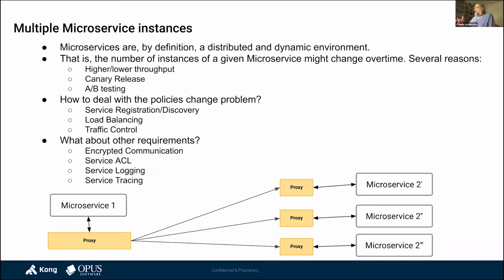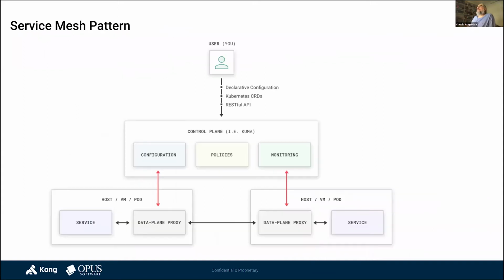So this kind of pattern, that's the basics of what we call the service mesh pattern. In this sense, for each one of these services you have in your microservice architecture deployment, you're going to have a proxy running very close to it, taking care of all the non-functional requirements I described before.